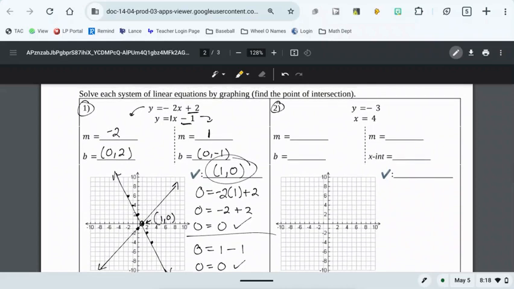All right, let's take a look at number 2. We have y equals -3. Now, if you remember way back when we were graphing linear equations, that when y is by itself, or y equals, and there's no value for x on the right side, then that means that our slope is going to be 0, because this is going to be a horizontal line.